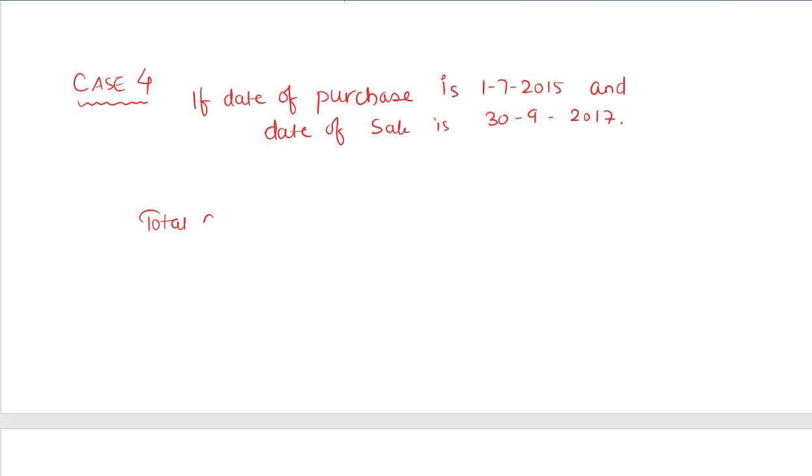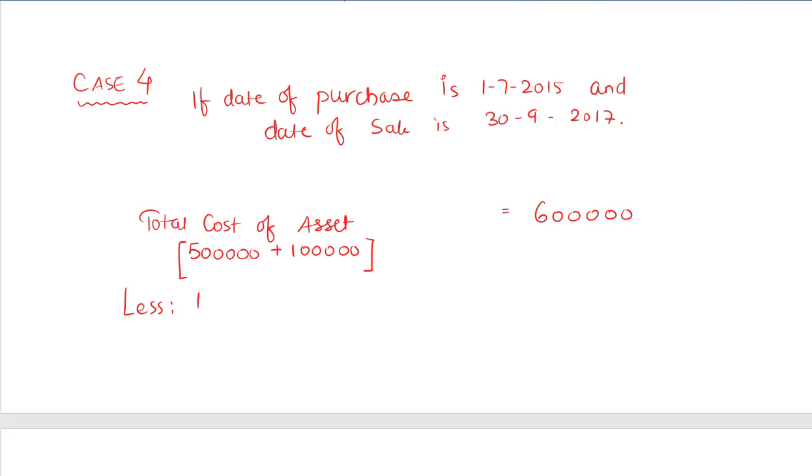Starting with the total cost of asset. Total cost of asset is 5 lakh plus 1 lakh, which is 6 lakh. Deduct depreciation.